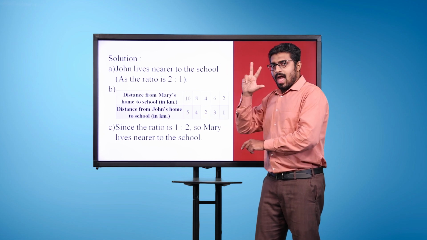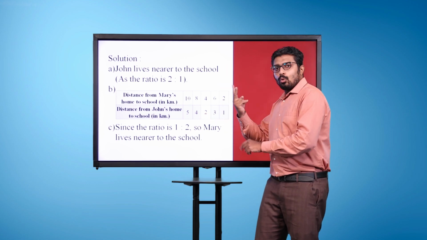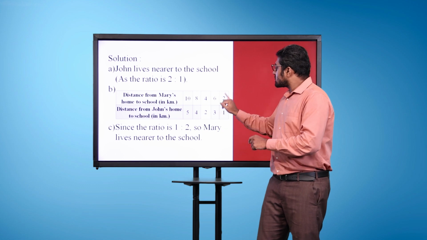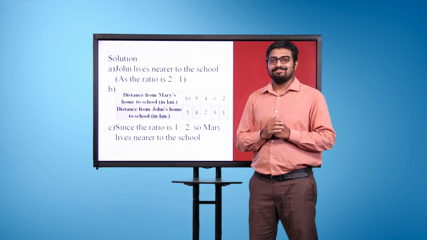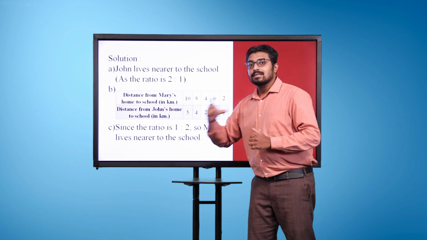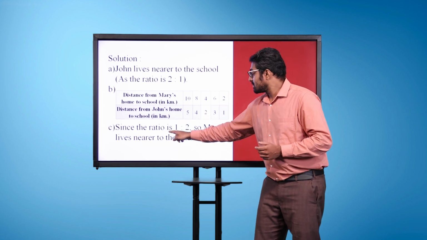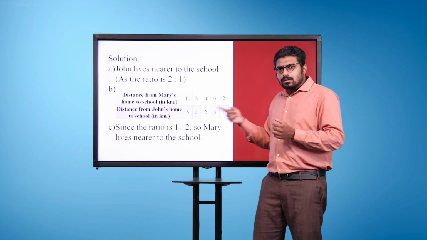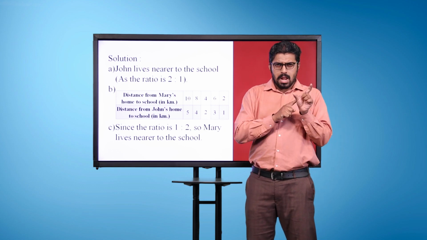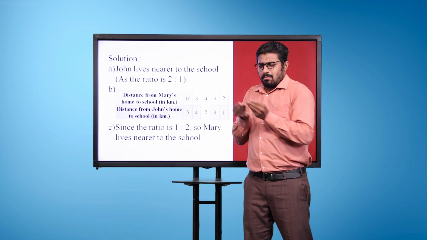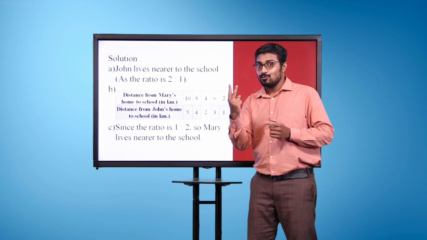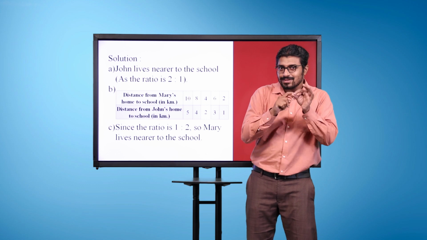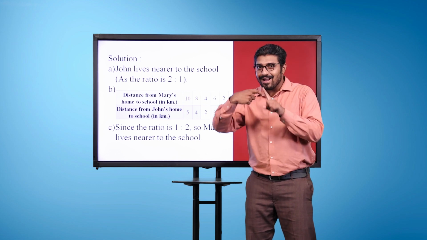Distance from John's home to school in kilometers: 5, 4, 2, 3, 1. C. Since the ratio is 1:2, Mary lives nearer to the school.